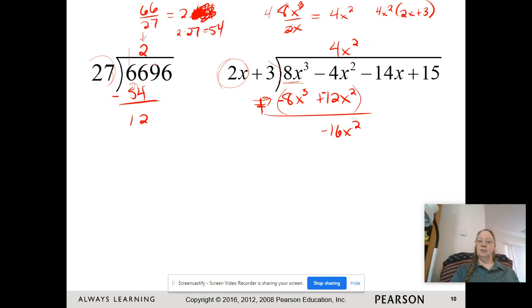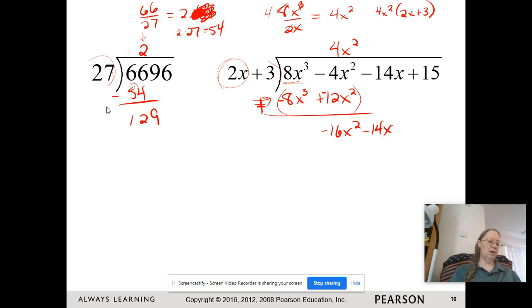What do we do next? We bring down the 9. Guess what? We're going to bring down the negative 14x. Once we get to this point, those steps that we just did, we are going to repeat over and over and over again until we have nothing more to bring down. Okay? So remember how we took 66 and divided by 27? Well, now we're going to take 129 and divide by 27.